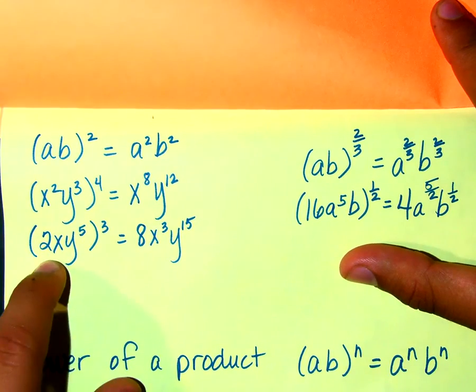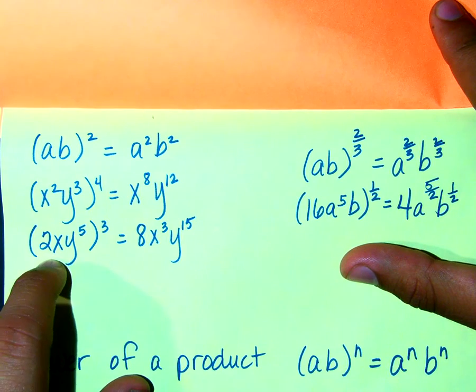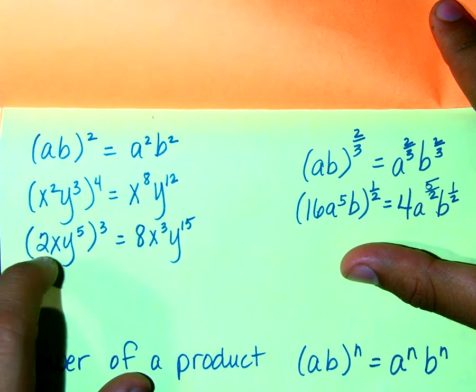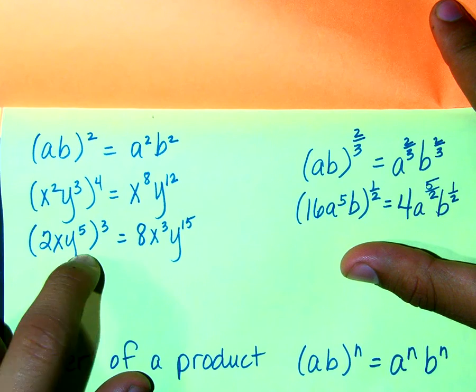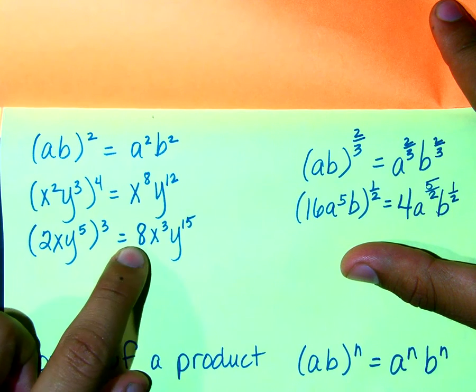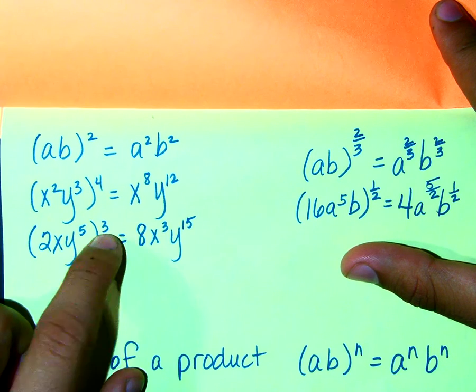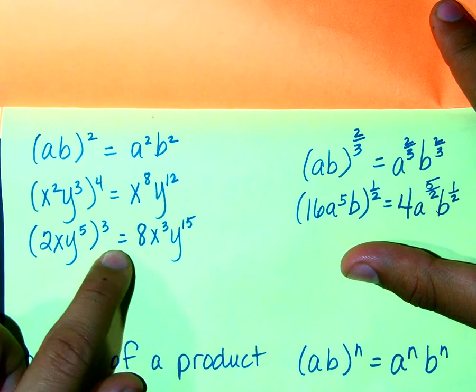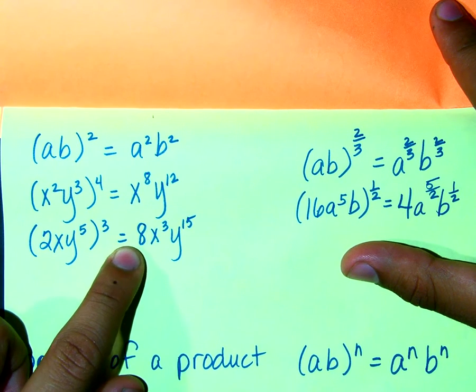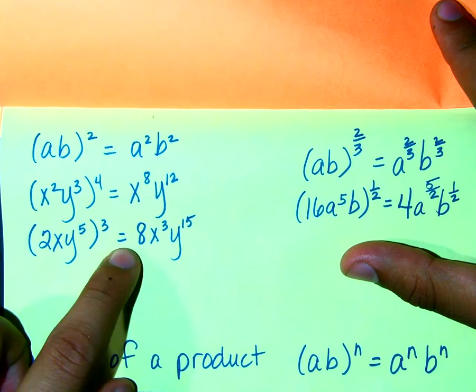And here, we want to take note that we distribute the 3 to all three, so the coefficients and the variables. So you see the 8 here. Well, that 8 comes from the 3 being distributed to the 2. So 2 to the third power is 8. 2 times 2 is 4, times 2 is 8. So that's what happened there. Okay?